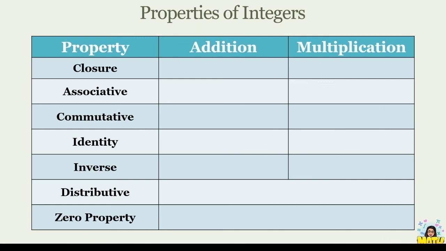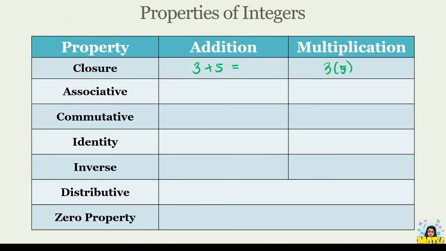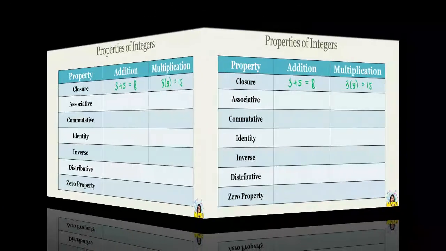The first one is the closure property, which means if we add two integers, okay, or if we multiply two integers, their answers will still be an integer.